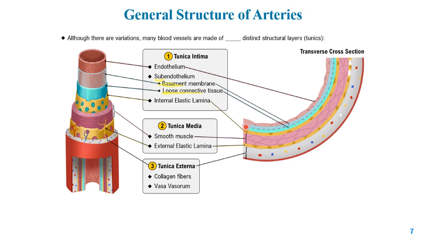Okay, tunica intima. After that, you have the beefy part of your vessel. The layer right in the middle, you call the muscular layer, or the tunica media. That is what is going to have your smooth muscle cells.